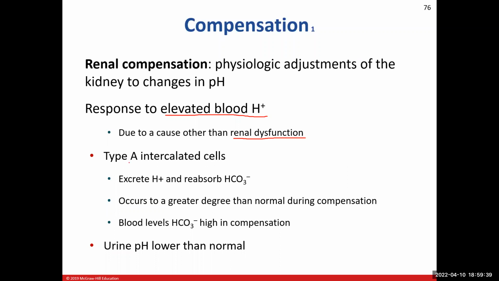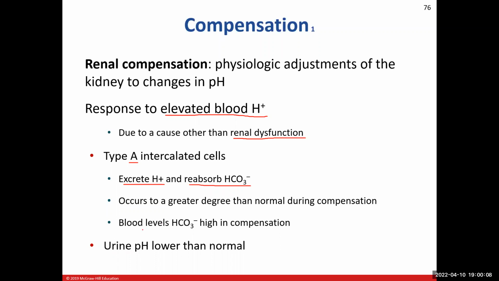Our blood has become acidic. Acidic is A. Our type A intercalated cells are going to target hydrogen ions, so they're going to excrete the hydrogen ions in the urine. They will secrete the hydrogen ions into the filtrate, and then from the filtrate we will move those hydrogen ions into the urine to be excreted. At the same time, those type A cells are going to resorb our bicarbonate into our blood.